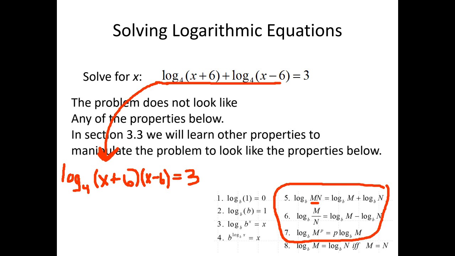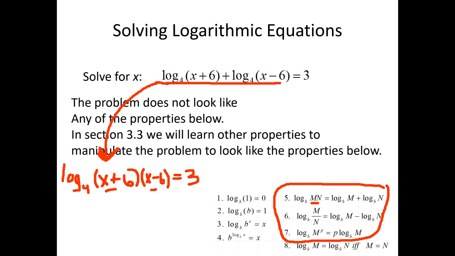so from here, then we can still check to see if we have any logarithms that we could use, right? Or any properties that we can use. We really can't, but what we can do is we can change this to exponential form. If you want, you can multiply these two together, but for now I'm just going to leave them like that.